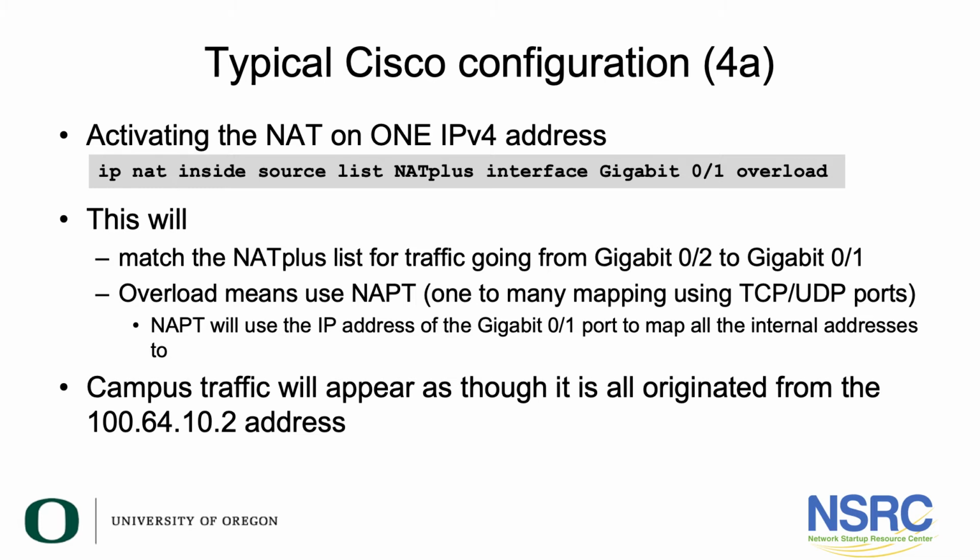This will match that access list that we created, and it will be for traffic going from GigabitEthernet 0/2 out through GigabitEthernet 0/1 to the internet. Overload means use NAPT, so a one-to-many mapping of TCP and UDP ports. So all the campus traffic will appear as if it originated from the 164.10.0.2 address, which was the /30 point-to-point. So that is one typical way of doing it.